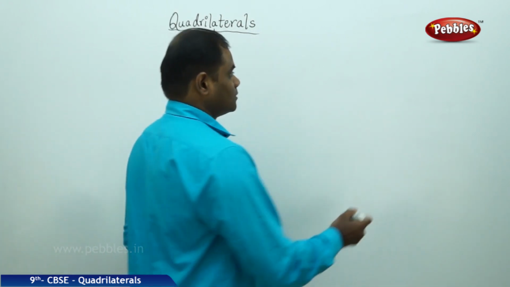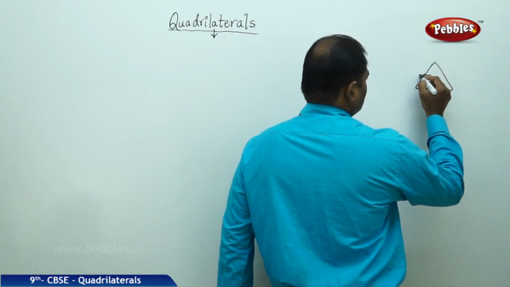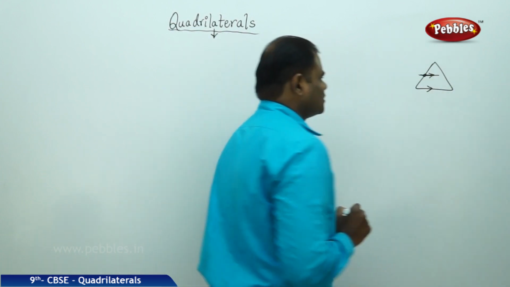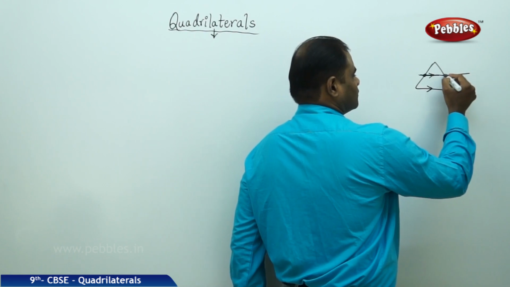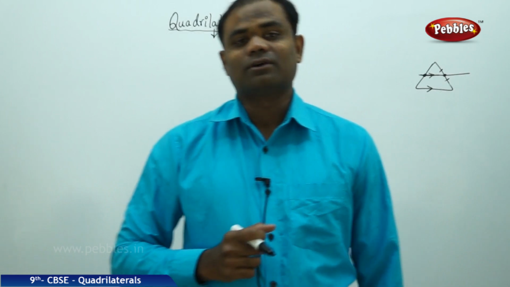That is, a line which passes through one of the midpoints and is parallel to the third side, when it cuts the other side, will this cut the midpoint? This is how we have to understand the converse.